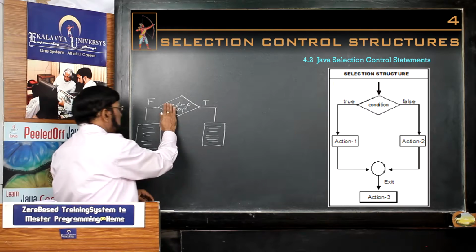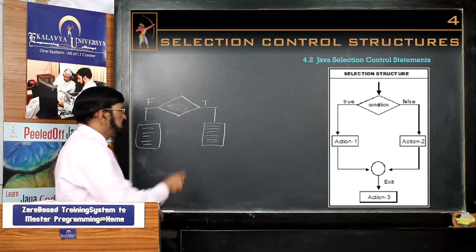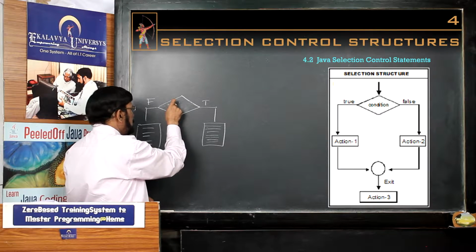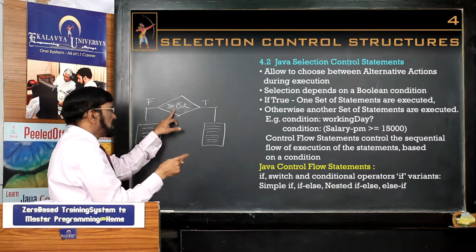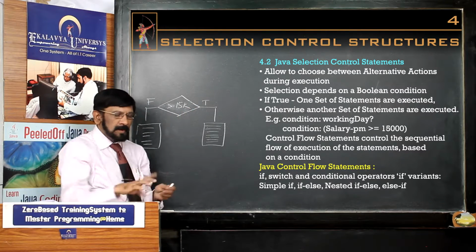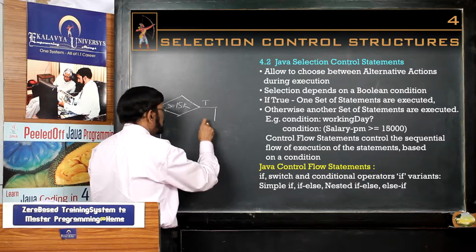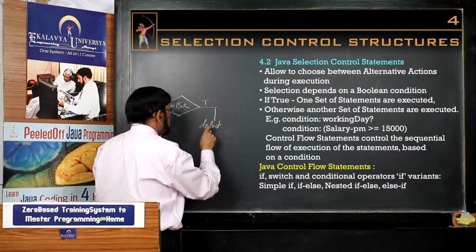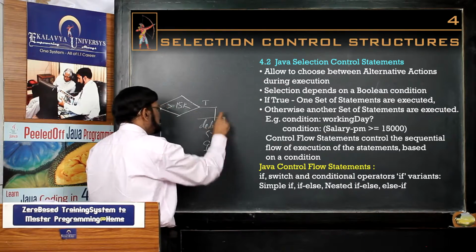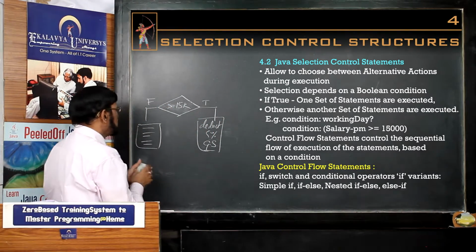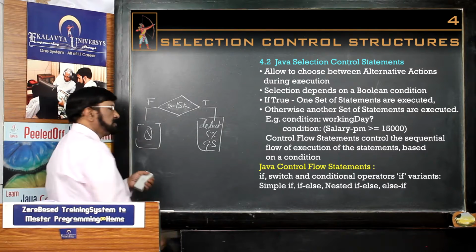Now, already I have given you one example. That is income tax deduction. What is that? Is the monthly salary 15k or more? If true, which statement will come? Deduct 5% of the gross salary. This is the statement to be executed. In the false case, the deduction is 0.